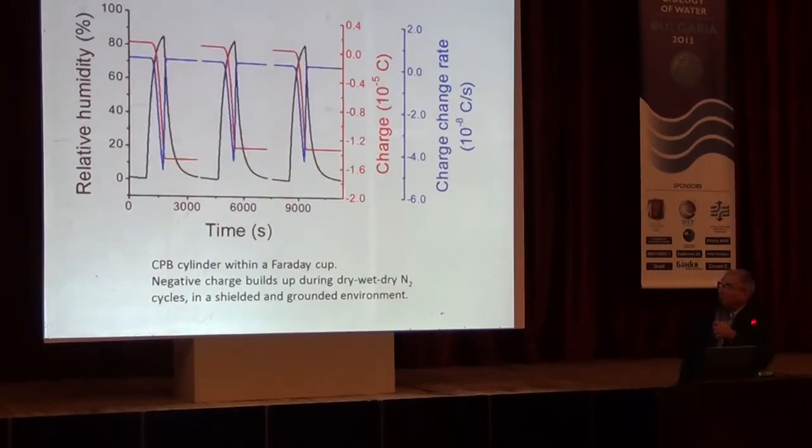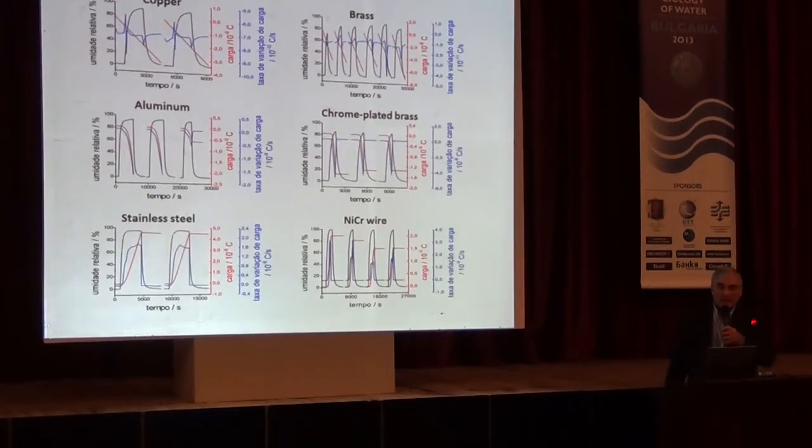That you can observe here. These are cups made with chrome-plated brass, and here relative humidity is changed, the black line, and charge, in this case negative charge, builds up. You can short circuit, repeat again, and this can go on for a long time.